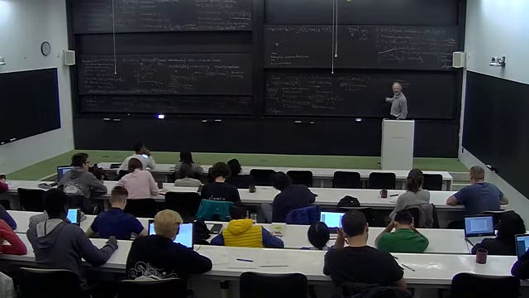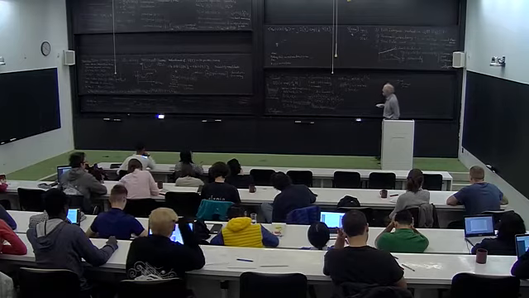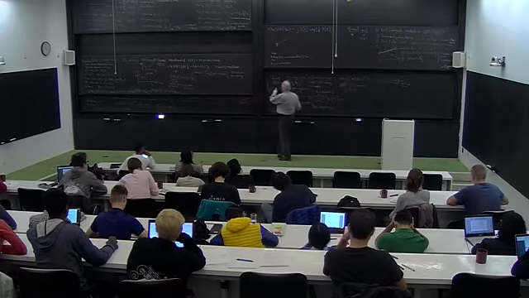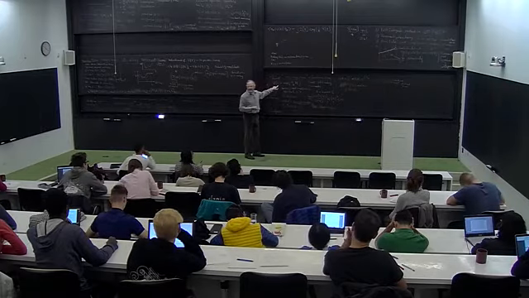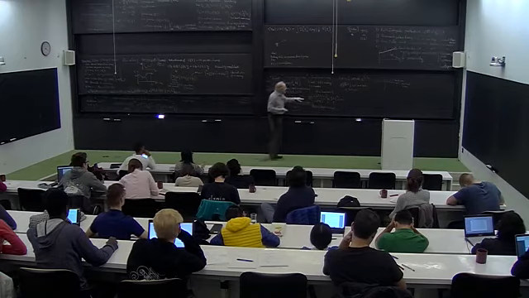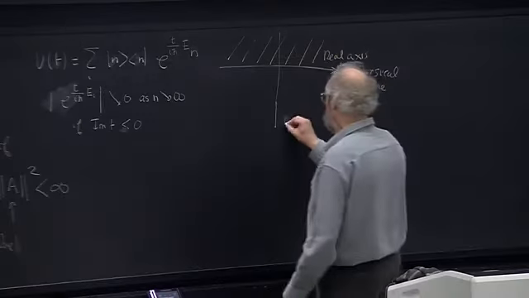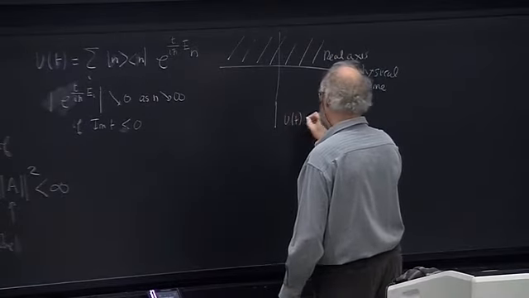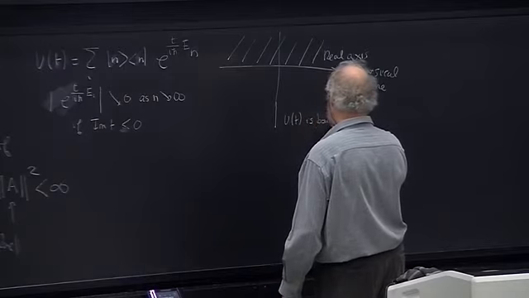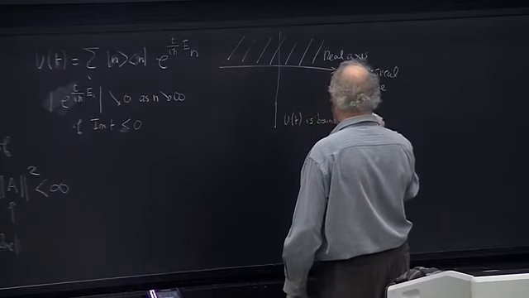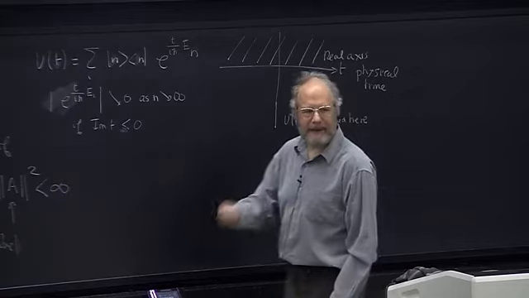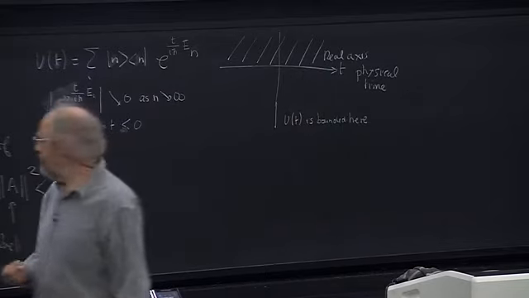U of t as a mathematical object doesn't describe anymore the evolution of the system because it's not a unitary operator anymore. It's well defined here. U of t is bounded here. So as a mathematical object, it's something which is well defined.